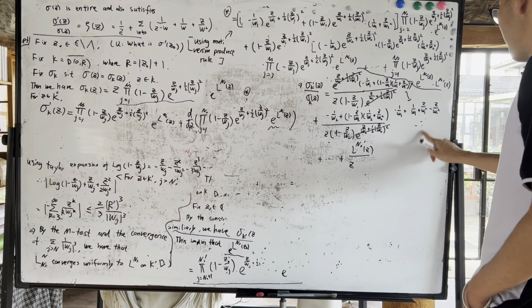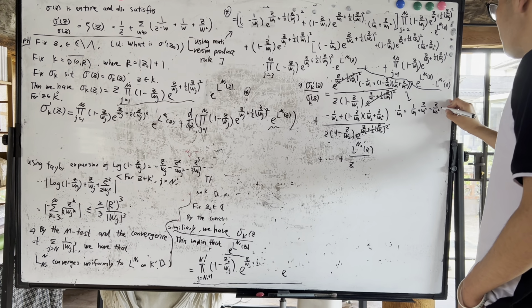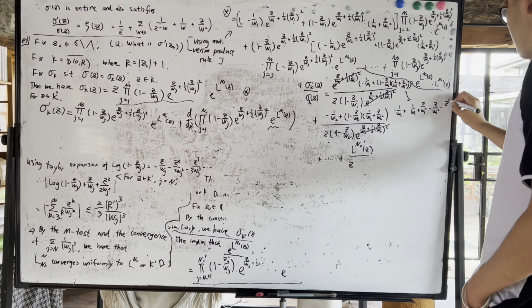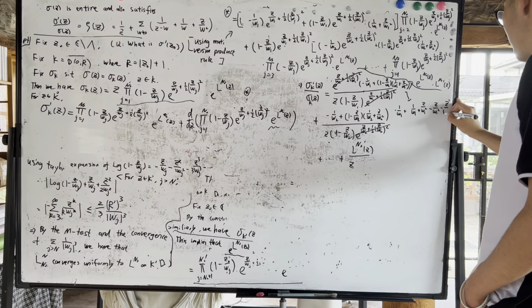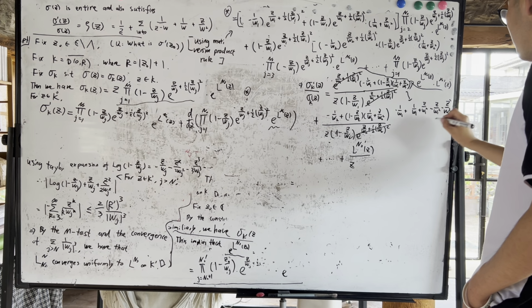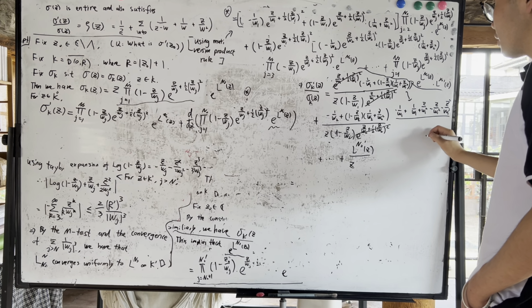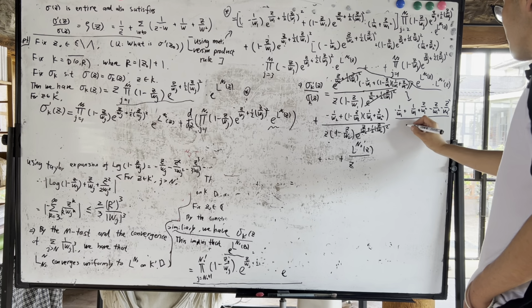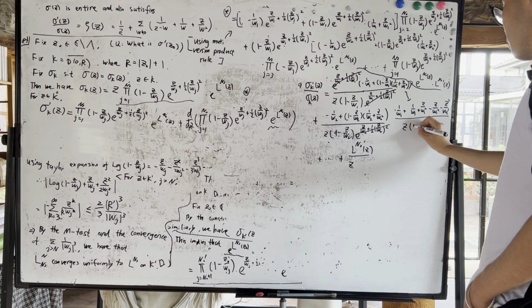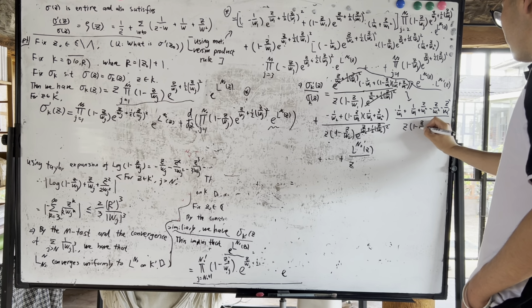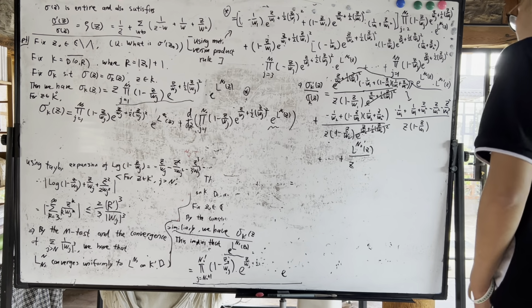Maybe I write it here. So minus z squared over omega 1 cubed, and then the whole thing over z times 1 minus z over omega 1.